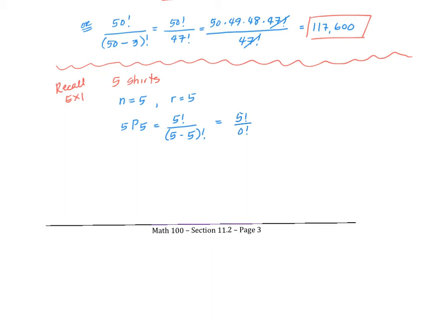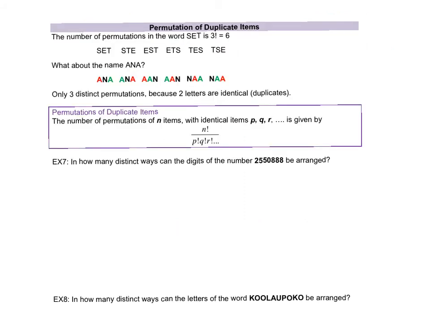We just have to know that 0 factorial is 1. Because if you did write 0, you can't divide by 0. So mathematically, we would be stuck. This is 5 factorial over 1, which is simply 5 factorial. And that would give us the 120 that we had previously when we did that example.